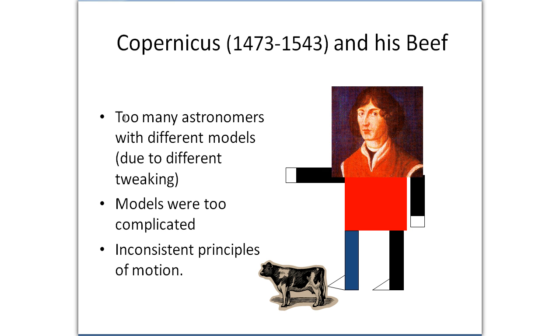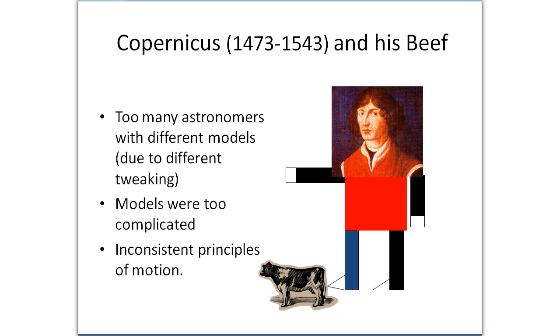And Copernicus saw this, and he realized, all of these different astronomers have these different models due to different tweakings. And over the 1500 years, if your basis is a model that was tweaked by somebody in Germany, you're going to go off in a different direction than somebody who's working off of a model that was tweaked by somebody somewhere else.